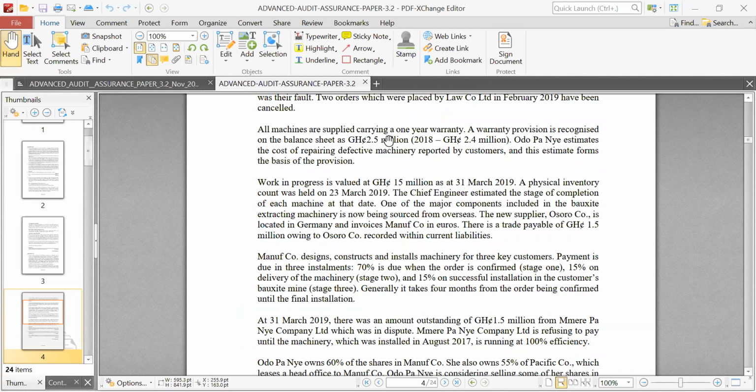If you look at it, the revenue increase is much, much higher. So for the warranty provision to increase by only 100,000 is quite small. It seems that it has probably been underprovided for, and that means that's a big problem.